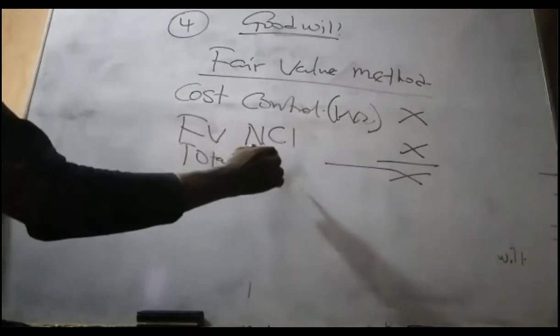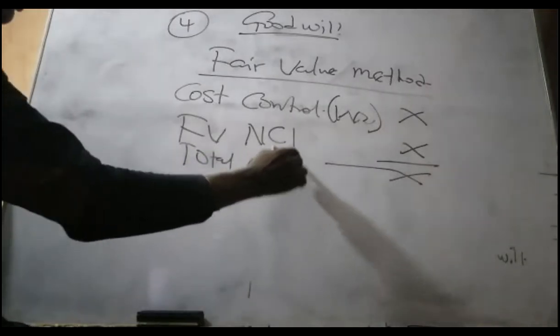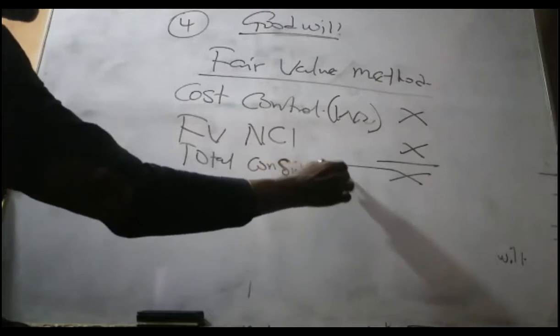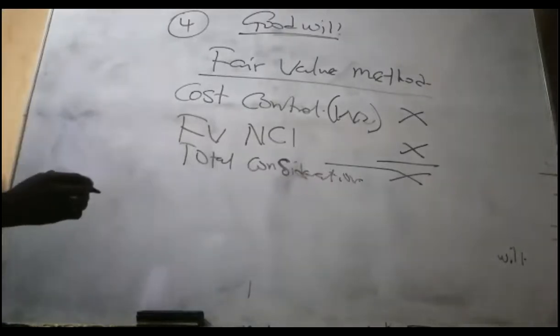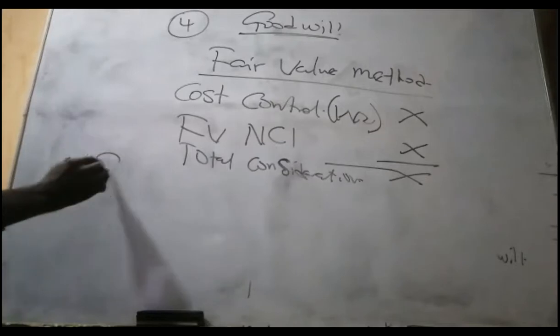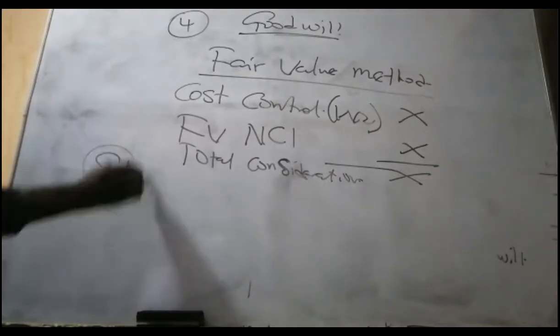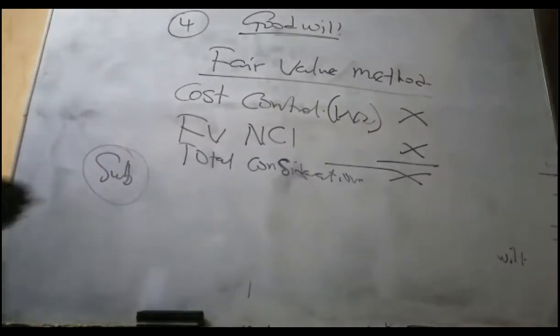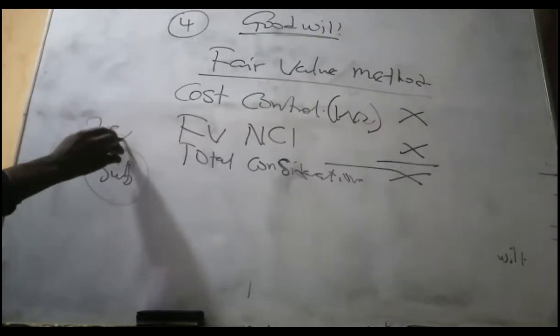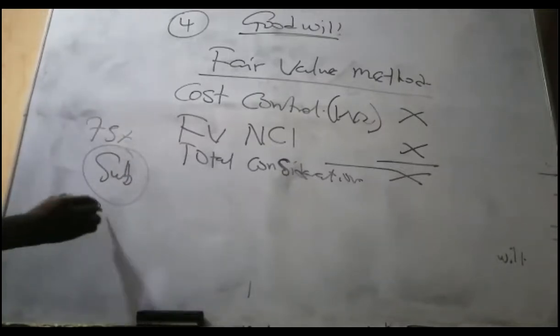Now let me explain this to you. You know that the subsidiary, we have acquired a percentage of the shares, right? Let's say we acquired 75% of the shares, and other people have acquired 25%.